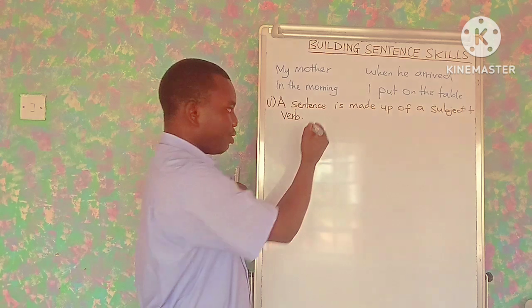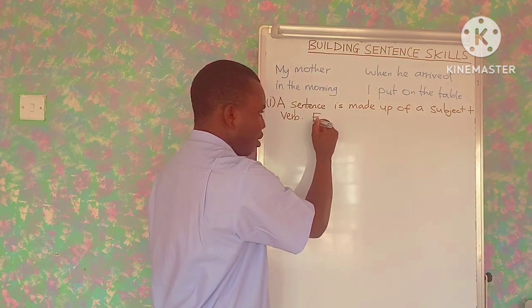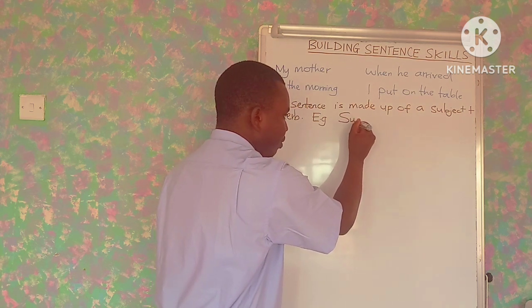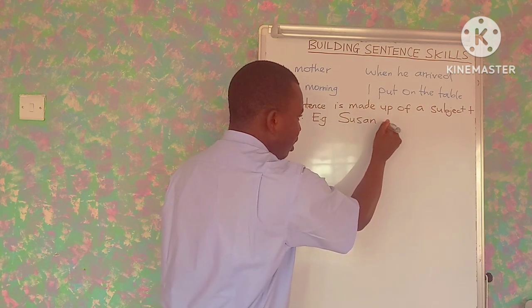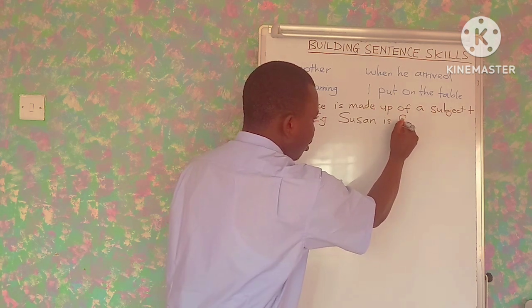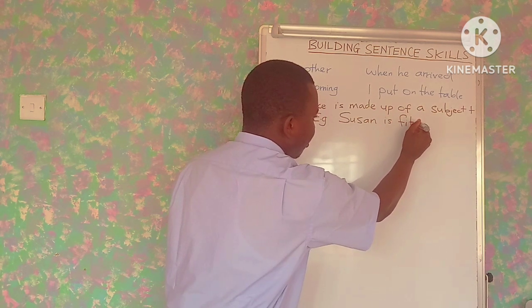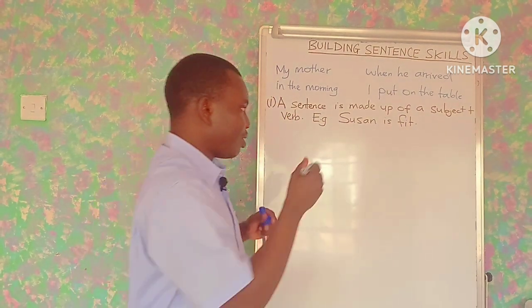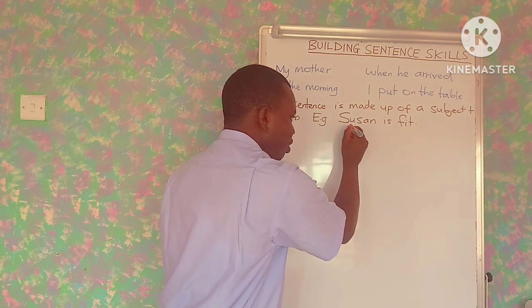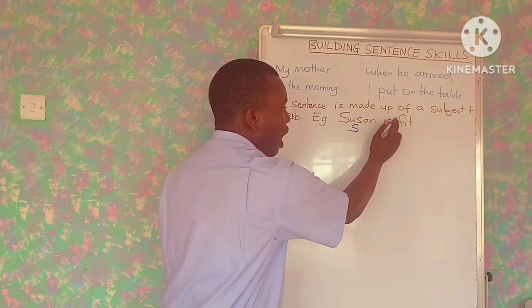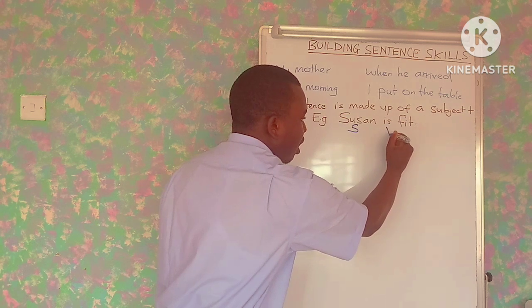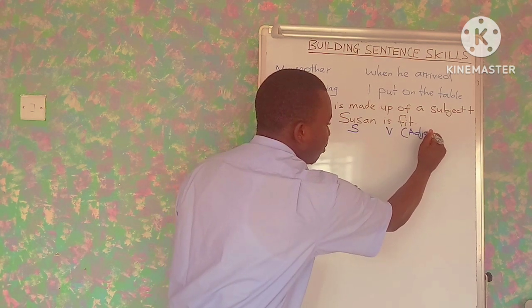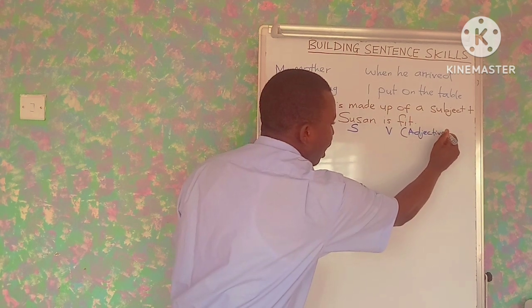For example, we have a sentence here. Susan is fit. So the subject here is Susan, and then is the verb. Fit here is an adjective.